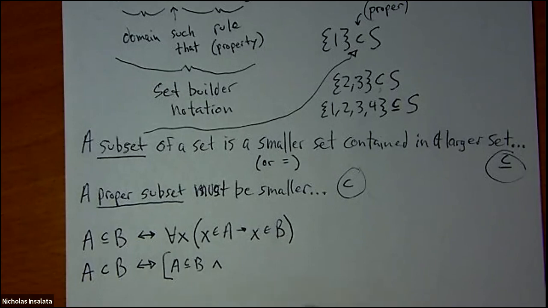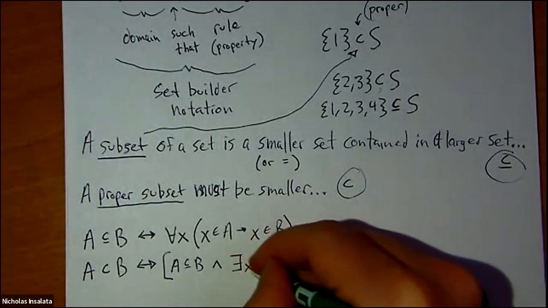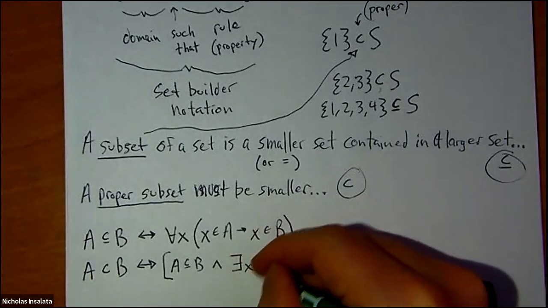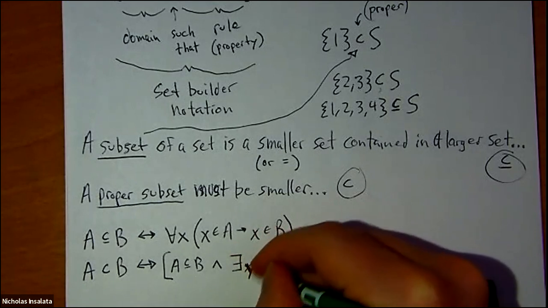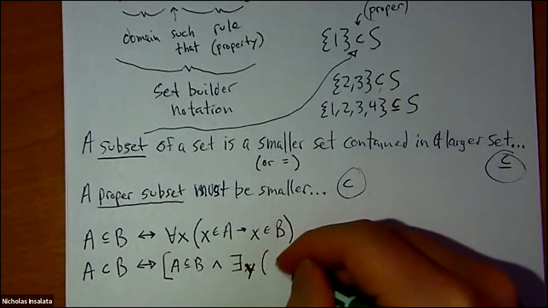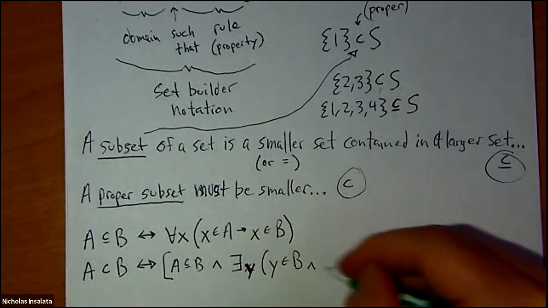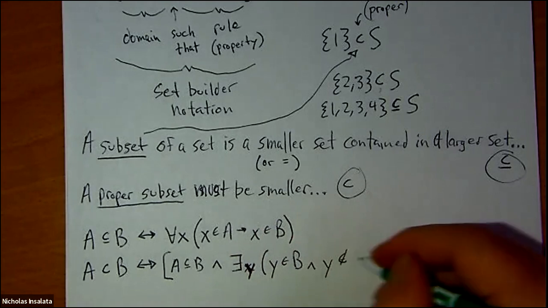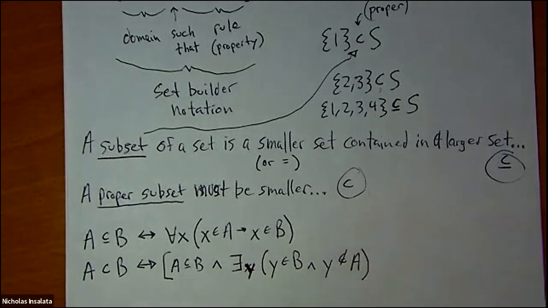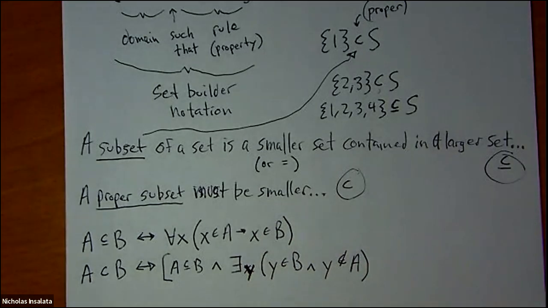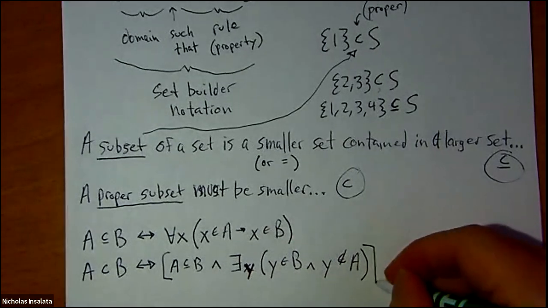Yeah, that's awesome. There exists an X, or maybe I should say a Y, let me use a different variable. There exists a Y such that Y is an element of B and Y is not an element of A. All right, let me close off this bracket.